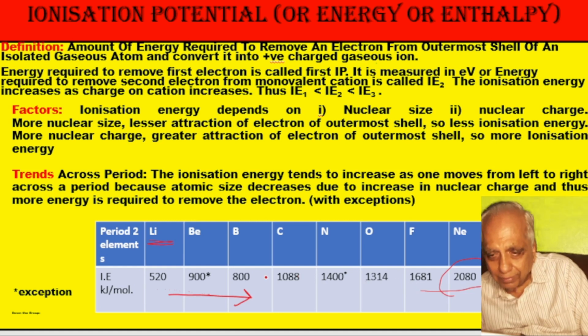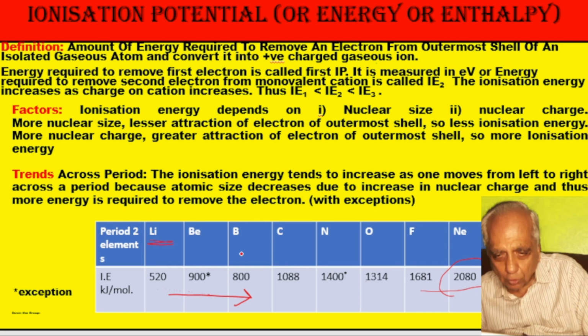Normally it is increasing as we move from left to right, so it is minimum here. Why is it increasing? As I told you, in the second period the size of the atom does not grow due to the number of shells, but the size decreases to a smaller extent due to more nuclear charge.